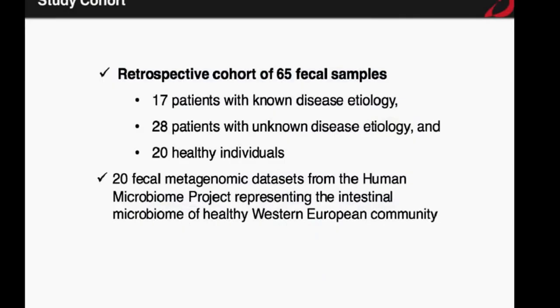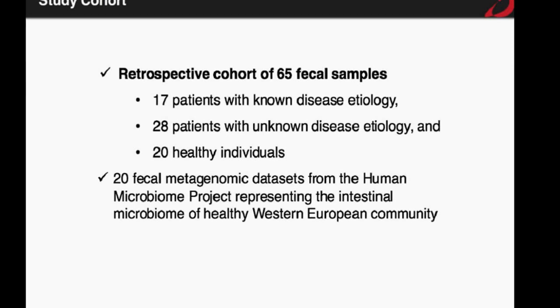Now, this is the study then: 65 fecal samples, 17 were patients with what they could identify as the causative agent in Calcutta at the laboratory there. And then 28 patients where they knew they had diarrheal disease, but they couldn't really identify any one pathogen or any pathogen at all, and then the 20 healthy individuals.